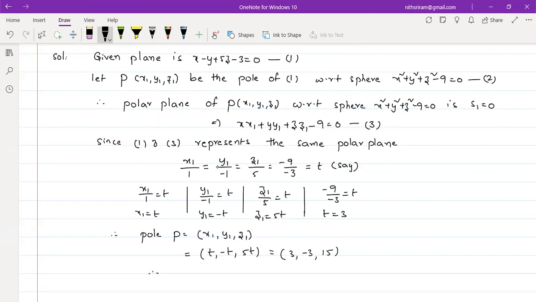So therefore 3 comma -3 comma 15 is the pole of equation 1 with respect to equation 2, that is, with respect to the given sphere. In this way we have to find the pole of the plane with respect to the sphere.